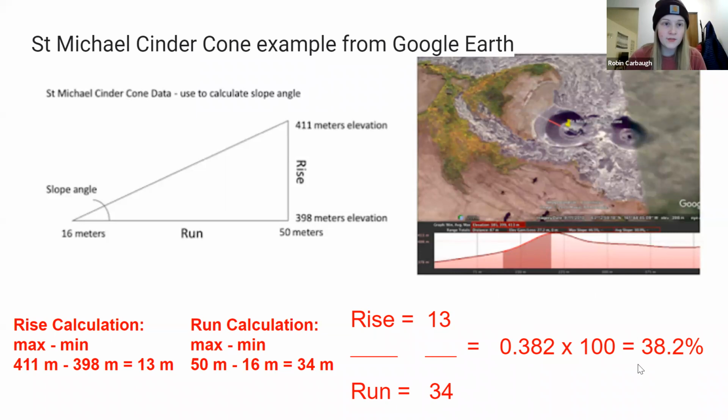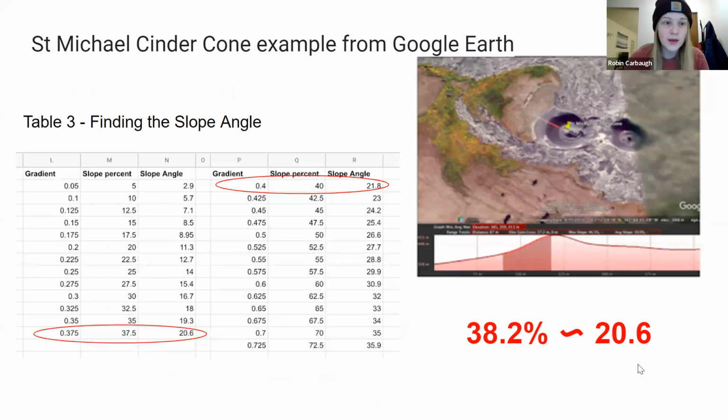And then from there, we can find an actual slope angle by going up to table 3 and finding where that's the most similar. So they won't always match up perfectly. Like this one's kind of on the line between being close to 37.5% and 40%. It's kind of up to you if you want to pick something in the middle or just pick what's closest.